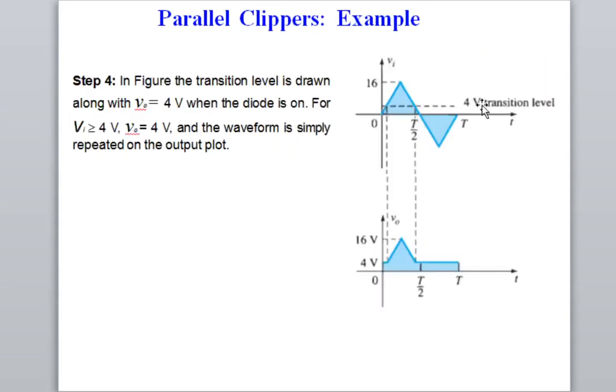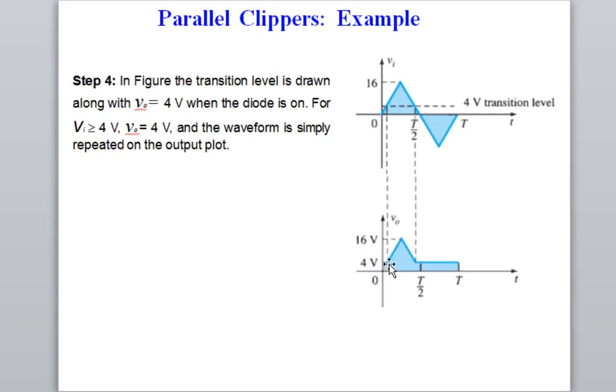This is basically the transition level. I have marked it on the input characteristics. That means this much portion of the input wave will appear at the output, and the remaining goes to 0. This plus 4 volt is basically because of the power supply.